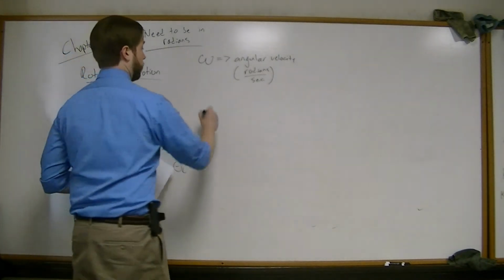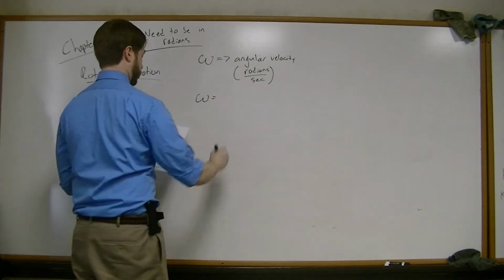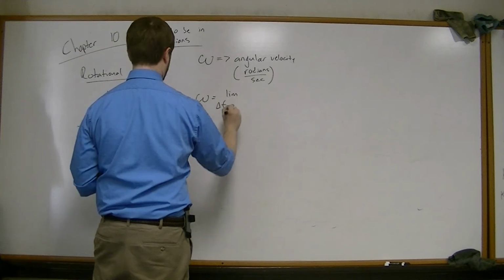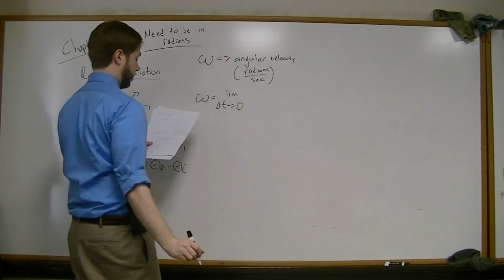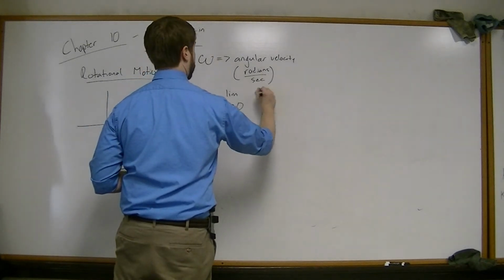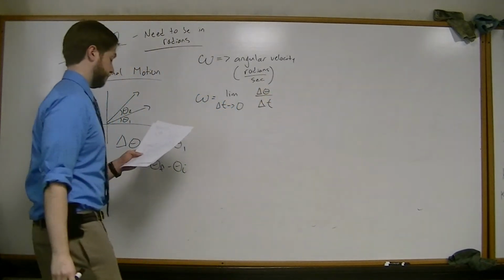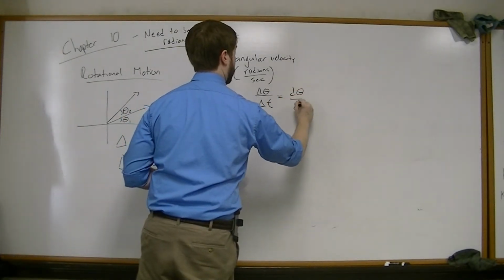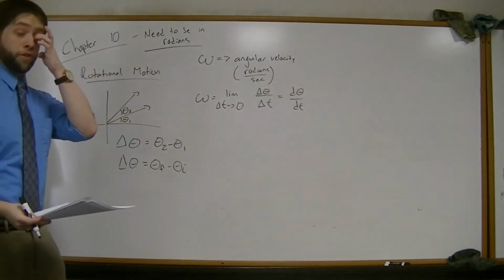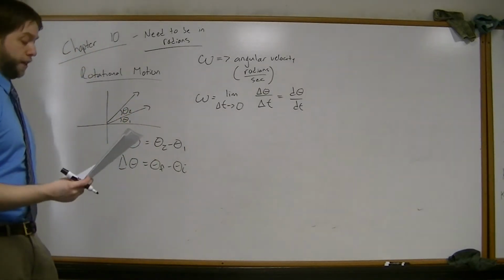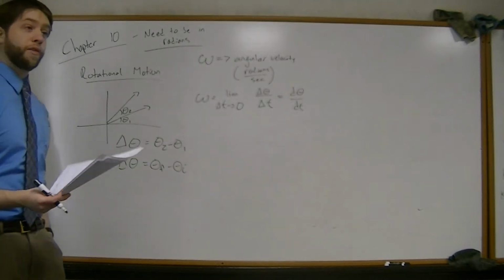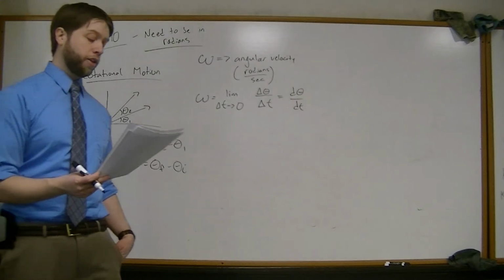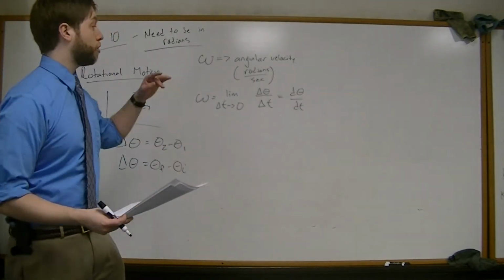So to go through this, we have that omega is equal to the limit as delta t approaches 0, my fault, of delta theta divided by delta t. And this more generally is the time derivative of theta with respect to t. That'll give us our instantaneous angular velocity, and we can also get our angular acceleration by taking the derivative of the angular velocity.